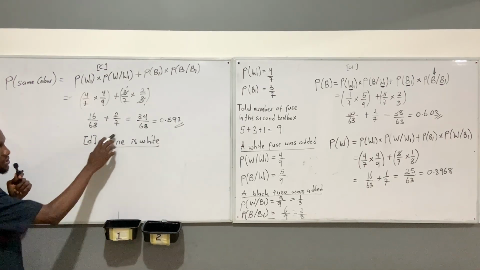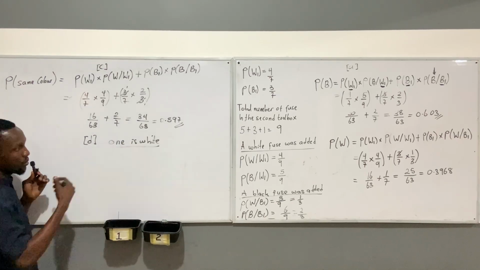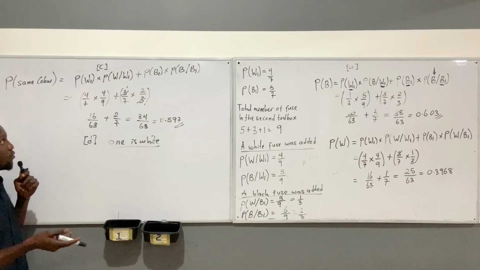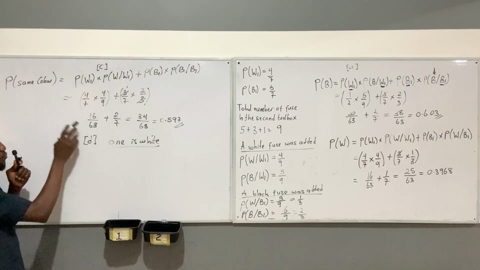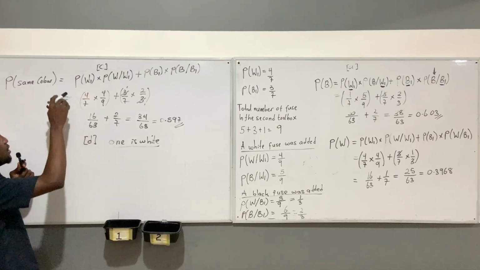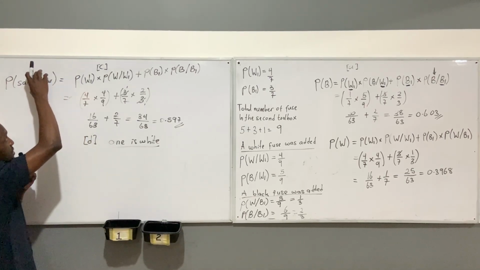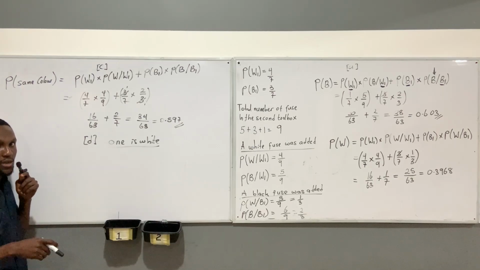Okay, so if we are using the idea that either one is white or one is black, then we are going to go into the complement, the complement of the same color. If one is white or one is black, then if we take the total probability, which is 1, and subtract the same color from it, it should give us the same answer.